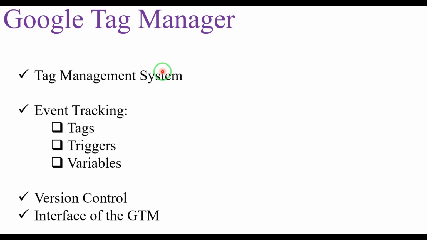So the important point about Google Tag Manager is this part: tag management systems, which try to simplify the process of adding and managing tags without having to modify the code on your website directly. Another important point about Google Tag Manager is event tracking. It helps you to define different events on your website. We will take a look at event tracking a minute later.